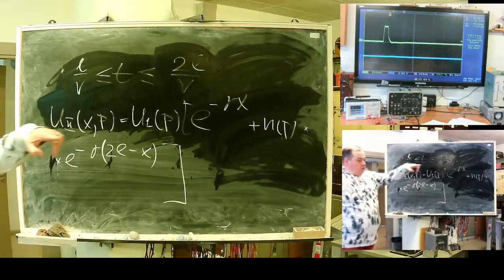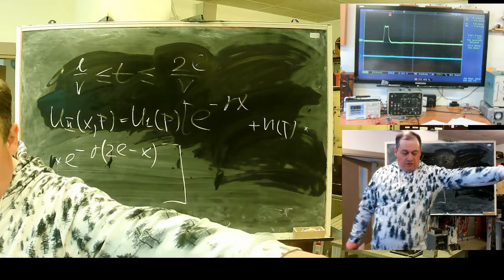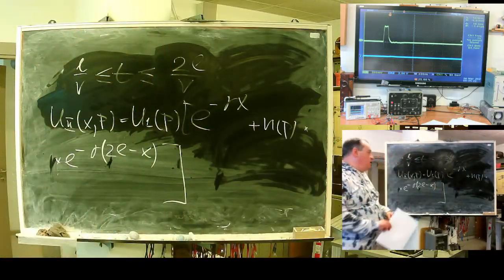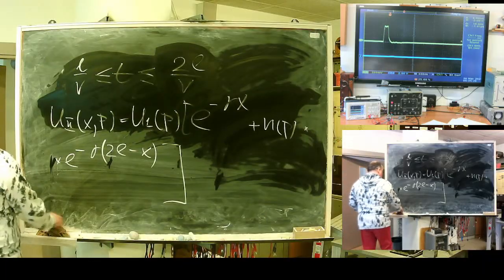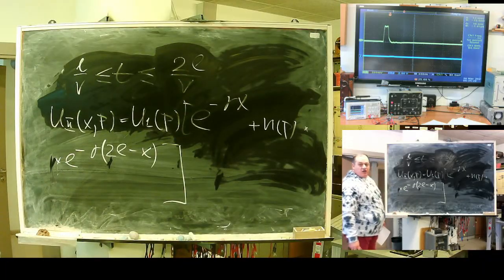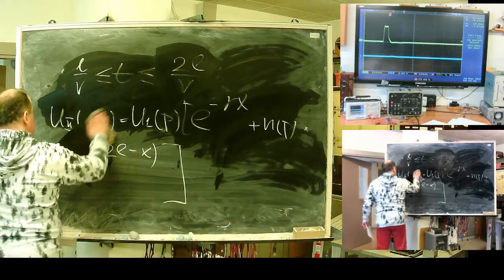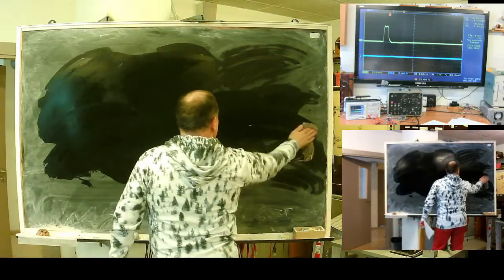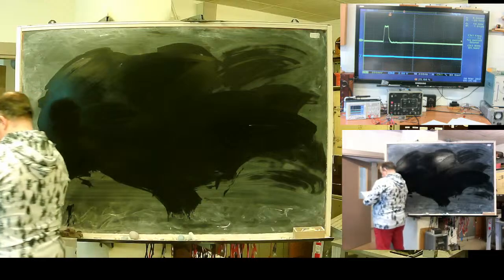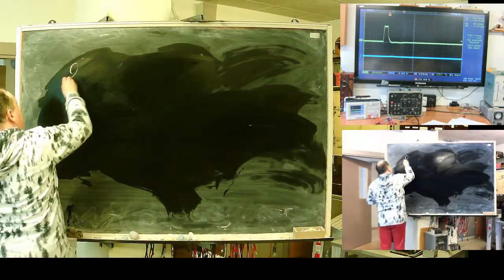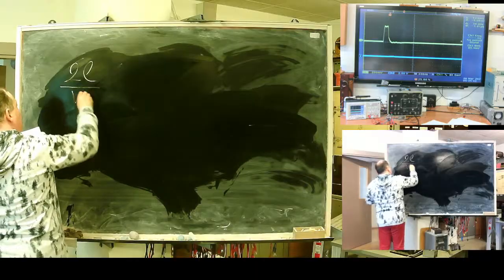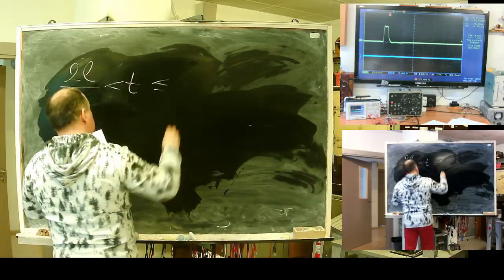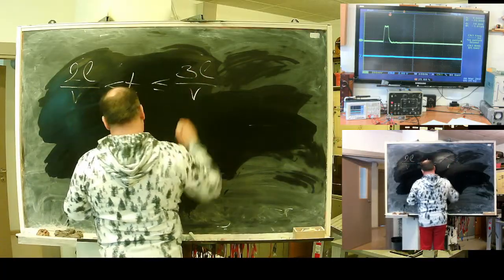First stage, initial wave goes through line. Second stage, wave returns. Third stage, when returning wave reaches the sending end of the line, it will happen, okay, divided by V, time, length divided by propagation speed.